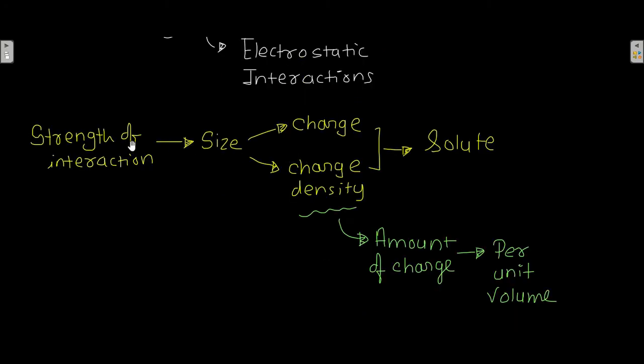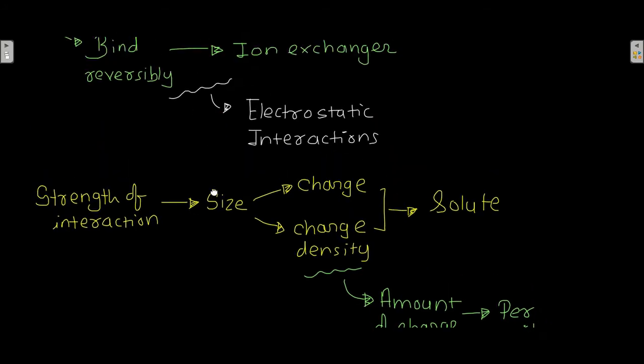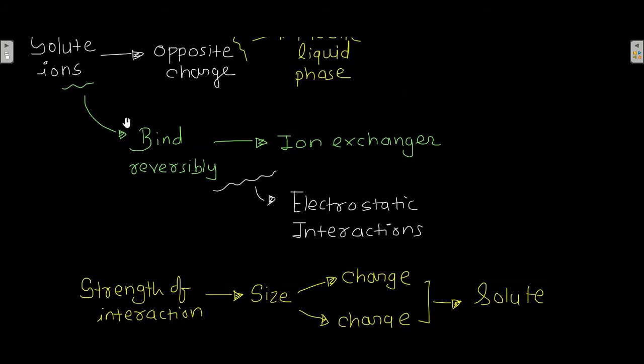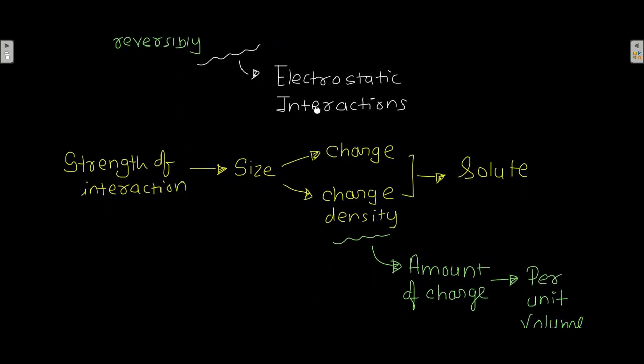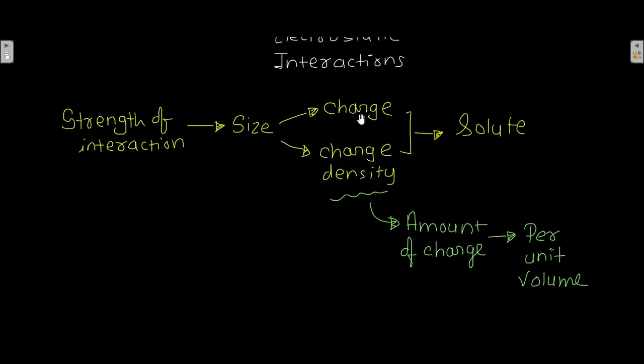Now the strength of the interaction between the solute ions and the ion exchanger will depend upon the size of the charge and the charge density of the solute, that is, the amount of charge per unit volume of solute.